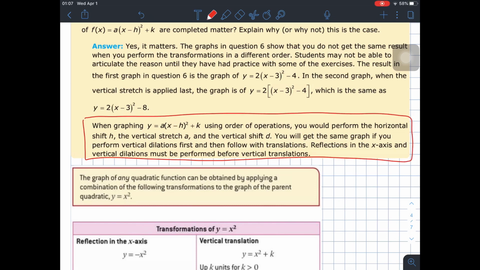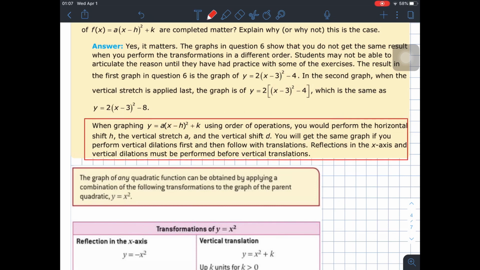Whenever you're applying multiple transformations to a function, always do the vertical translation last, okay? If you perform this at the beginning, you will get a wrong graph. So I would always recommend you do the horizontal translation first, then the vertical stretch, if there's any, and last, you apply the vertical translation, or else you're going to get a wrong graph.